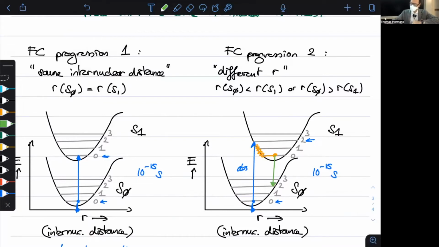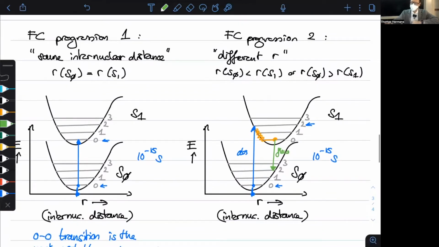And now we have fluorescence. And that, because of this Franck-Condon principle, that's the cool thing. So if the 0-2 transition was the most probable for the absorption, it means that this 0-2 transition for fluorescence will also be the most probable.